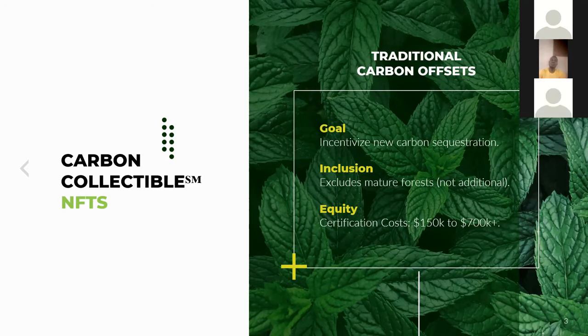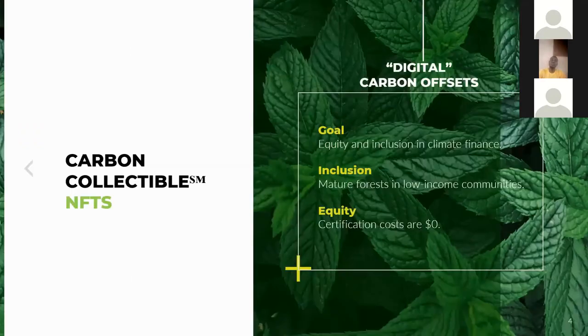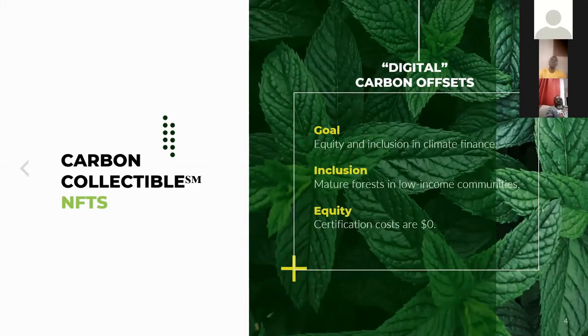And in this case, the Abatime forest is a mature forest in the Volta region of Ghana. And so our goal is to promote equity and inclusion in climate finance. So we include mature forests, and then we drive down the certification costs to zero.